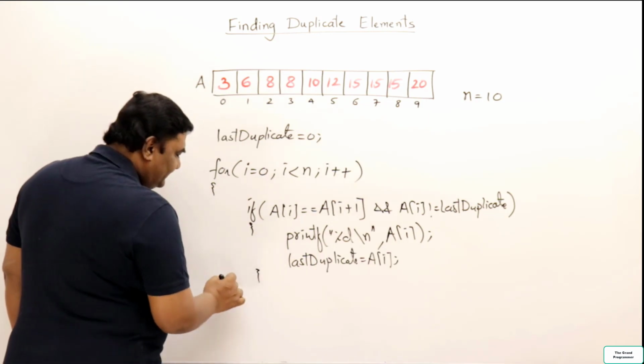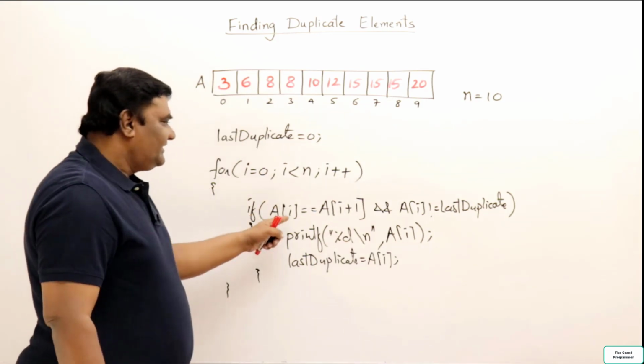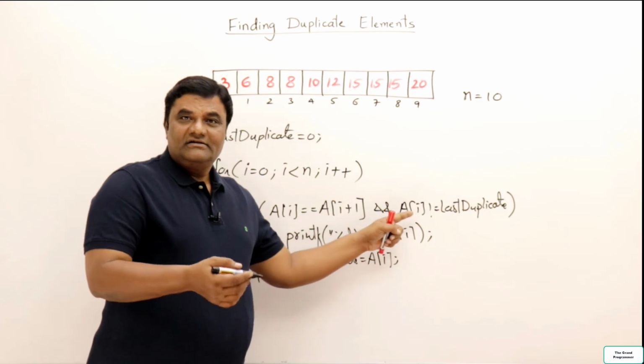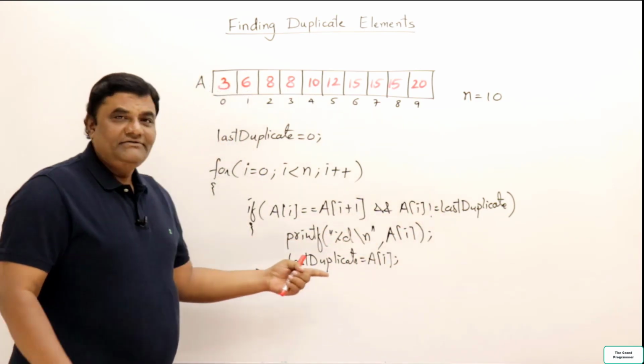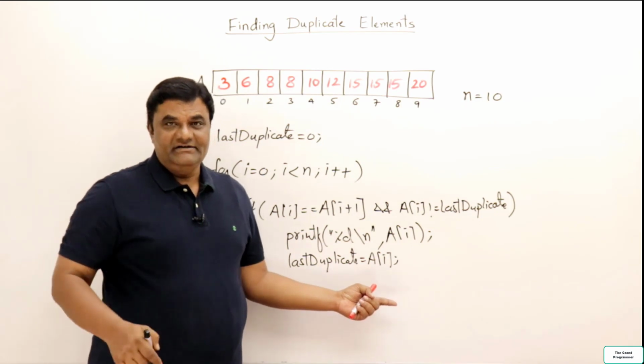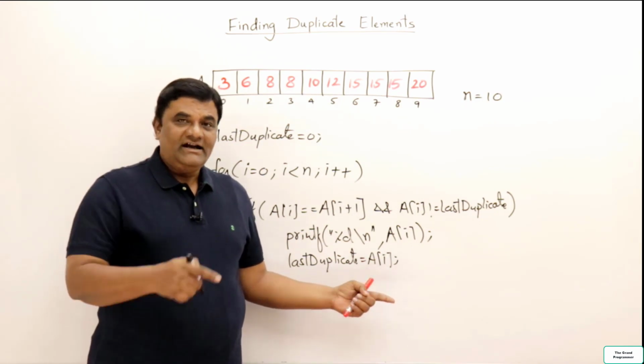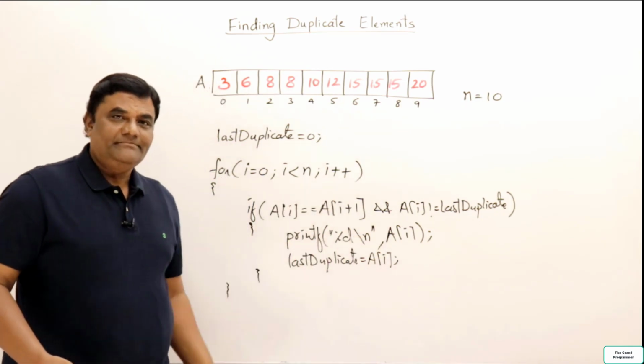So that's all. If the next element is the same and it is not the same as last duplicate, then it will be printed, and we will record this new duplicate so that we don't print the same thing next time.